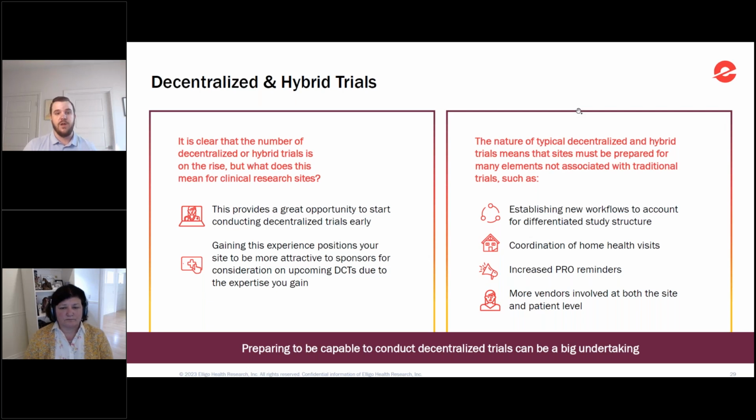Because you'll see that involved not just at the site level, but at the patient level. So again, this is a big topic that could probably be discussed in a whole webinar in and of itself. But as we are hitting you with a number of different things, we at least wanted to have some high-level takeaways, right? Of if you're not currently conducting or have not conducted a decent number of hybrid trials, some things that you should consider moving forward.